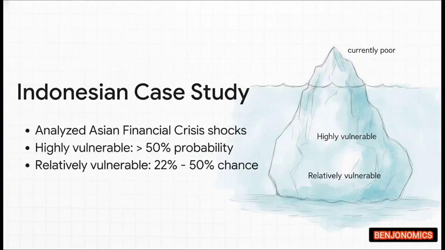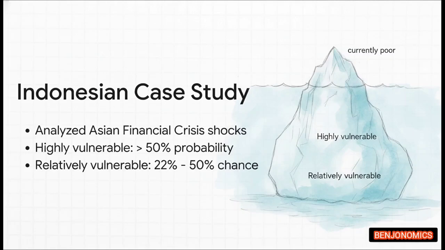Let's look at a detailed analysis of this in the real world. The Indonesian poverty case study during the massive shocks of the Asian financial crisis. Researchers applied these exact regression techniques to Indonesian data from 1998 to 1999 to see how the crisis affected poverty trends over time. They objectively categorized households.